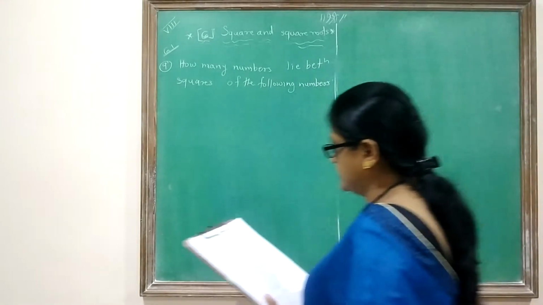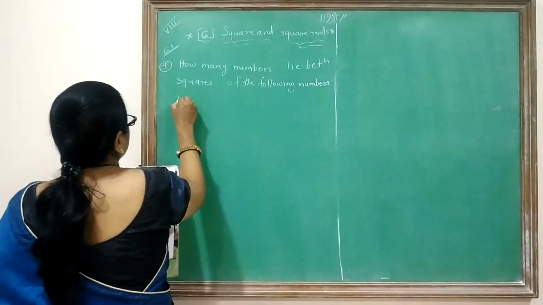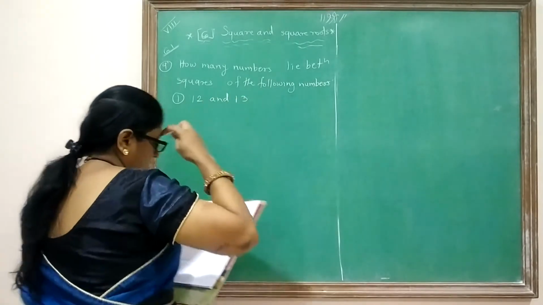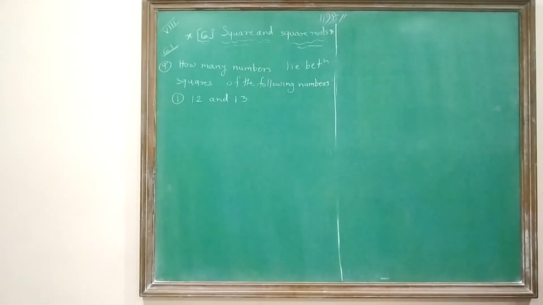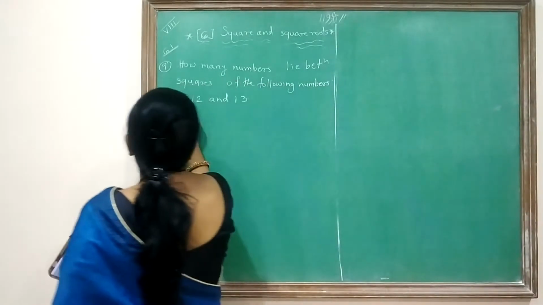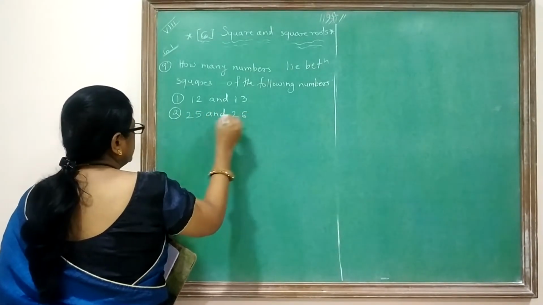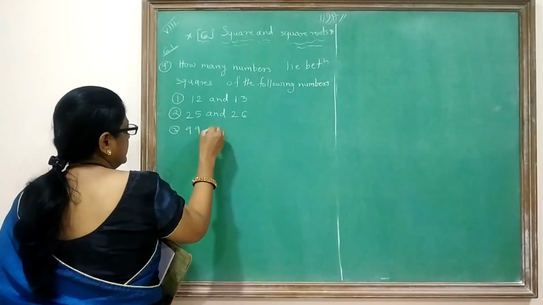Your first question is 12 and 13. Your second question is 25 and 26, and the third is 99 and 100.